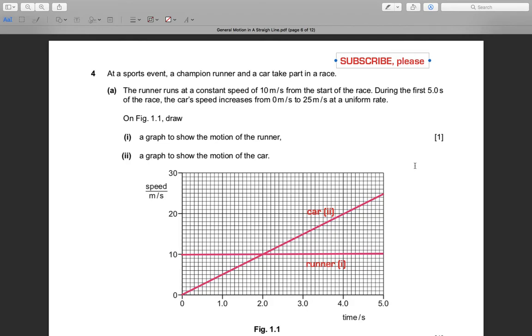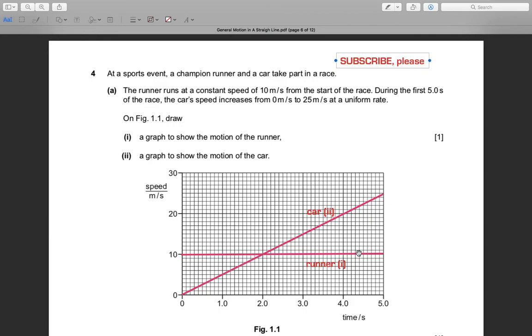If we draw it, the runner is at a constant speed of 10 meters per second. So the graph is constant until 5 seconds, a linear constant line at 10 meters per second.